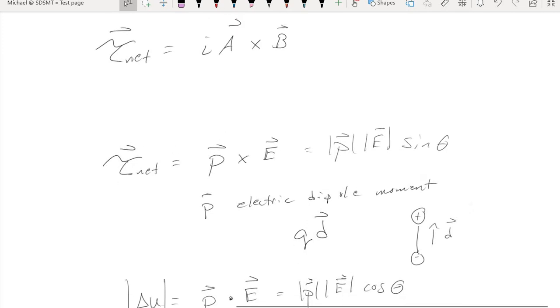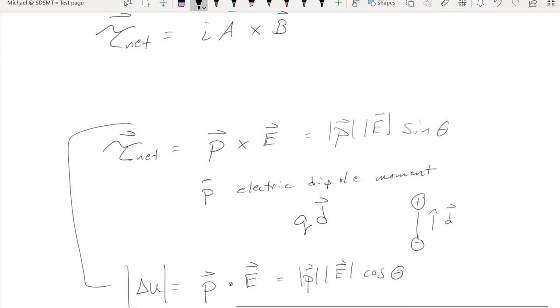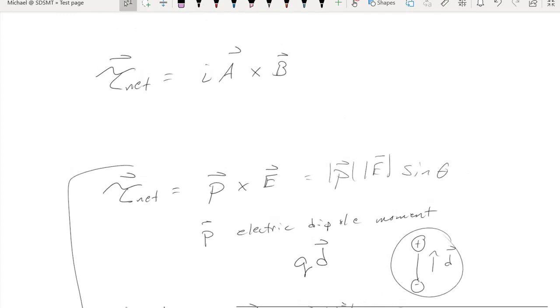Well, is there some way that I can take what we've already learned from the electric systems of an electric dipole and treat this coil like some kind of magnetic dipole? And really the answer is kind of staring us in the face. We have electric field versus magnetic field. We have cross product and cross product.